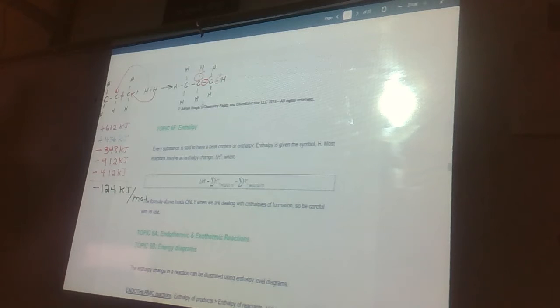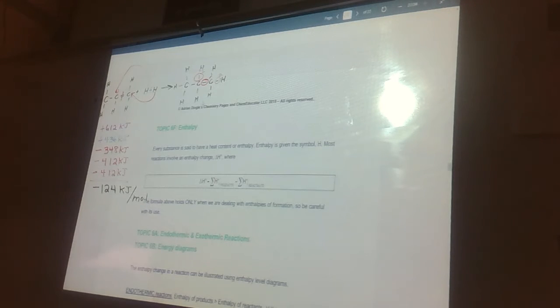Enthalpies of formation is the energy released when that thing is formed. They're always going to be positive. Formations. Enthalpy of formation. Energy released when something's made. When we make things, energy is released. When we break things, energy goes in.